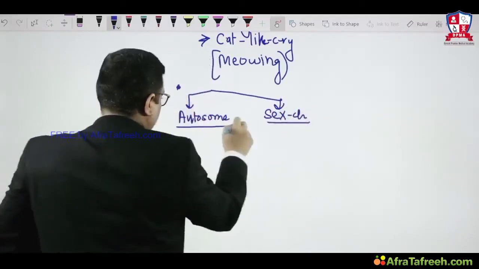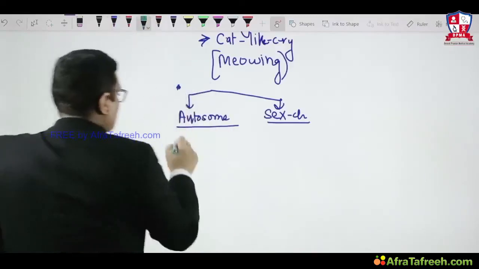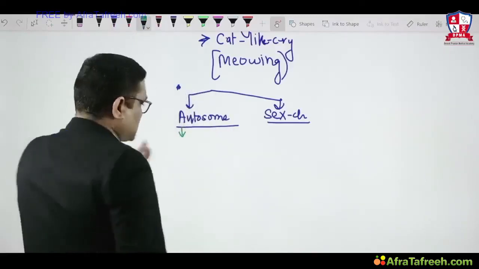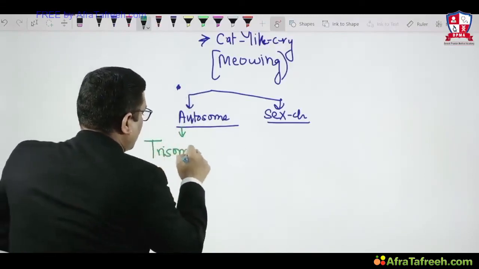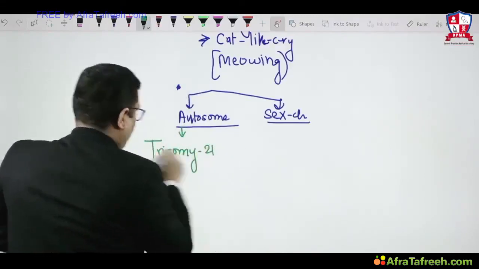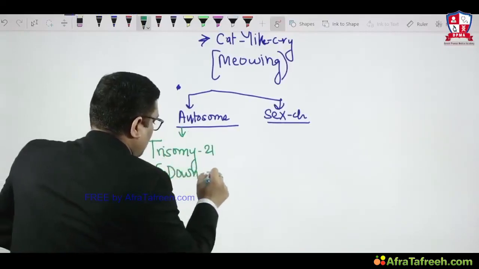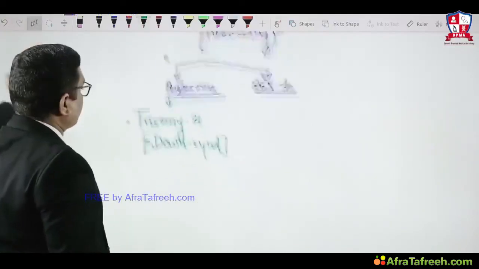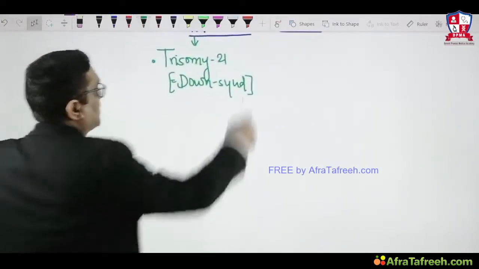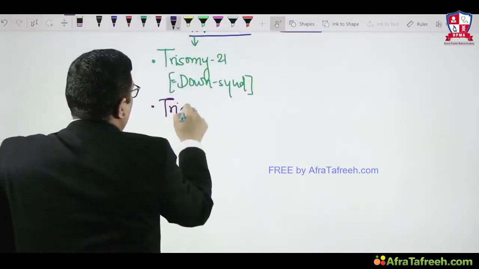So autosomal disorders and sex chromosome disorders. Among autosomal disorders, the examiner has asked questions like this: what is trisomy 21? We know that this is Down syndrome, right? Another autosomal disorder the examiner asked in the exam is: what is trisomy 13?